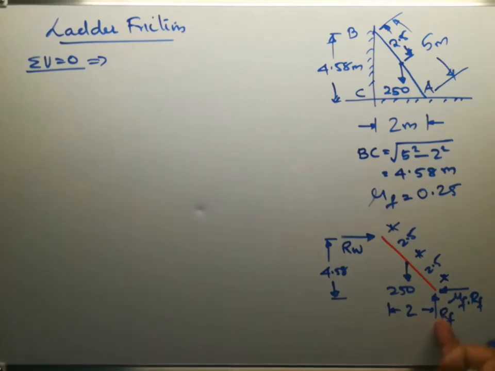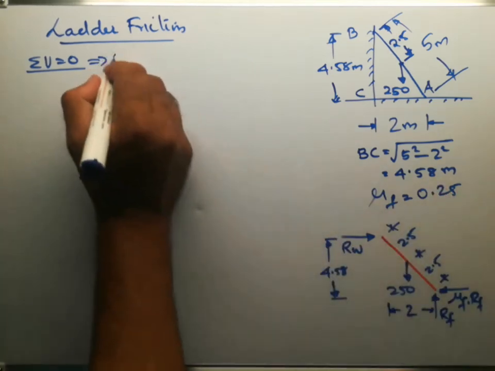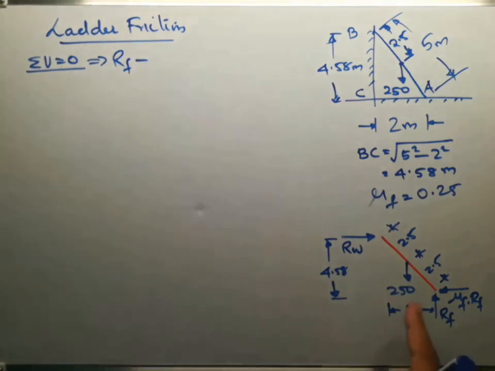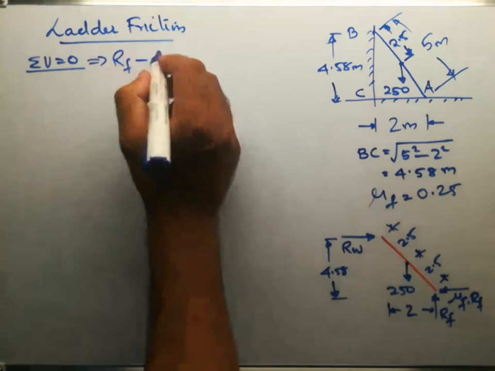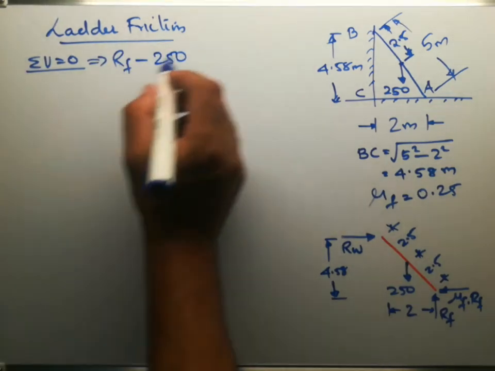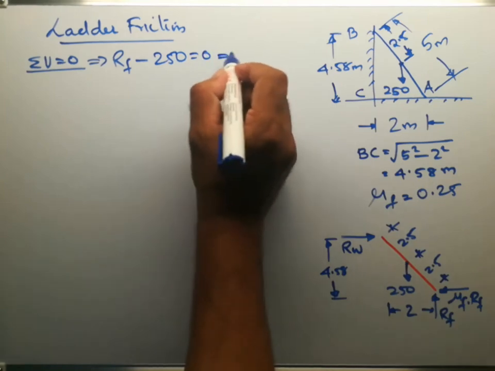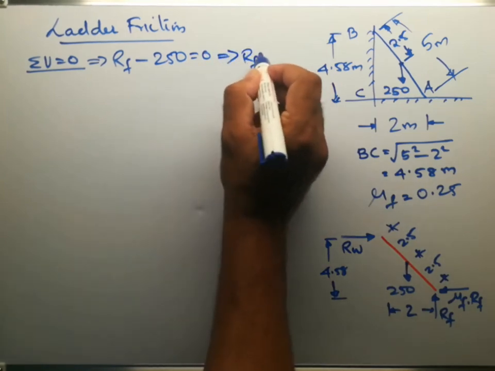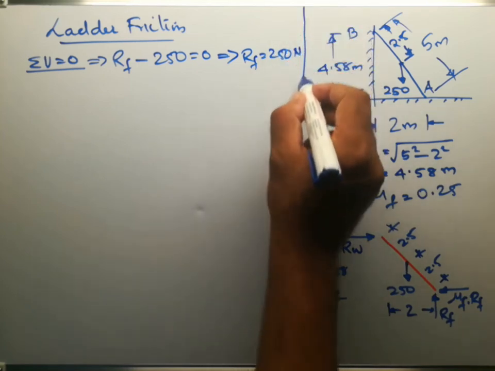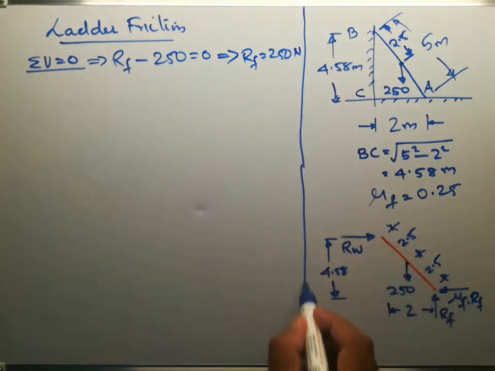RF is acting in the vertical direction, so it is taken as positive, and minus 250 in the vertically downward direction. So RF minus 250 equal to 0. That will give RF equal to 250 Newton.